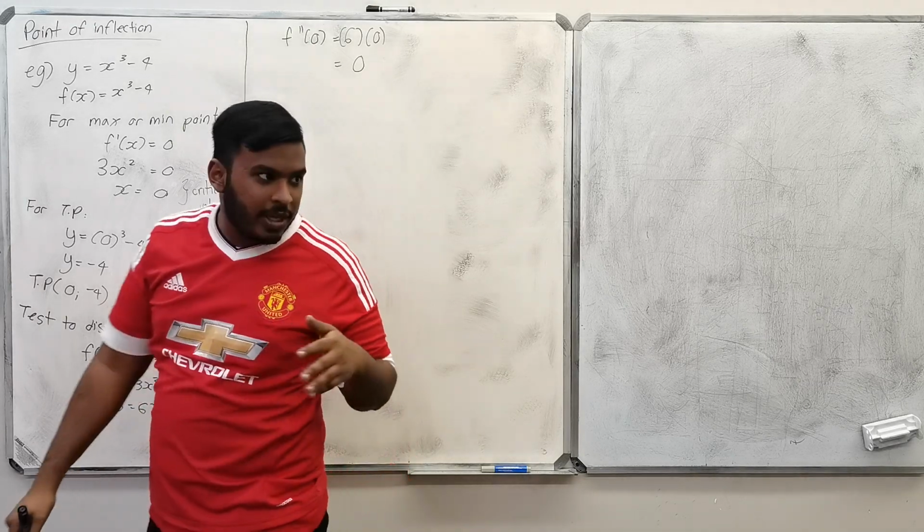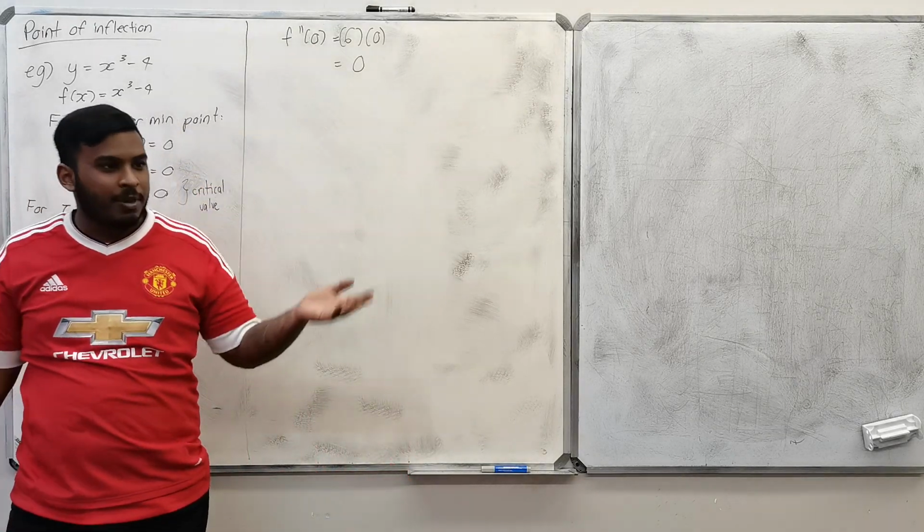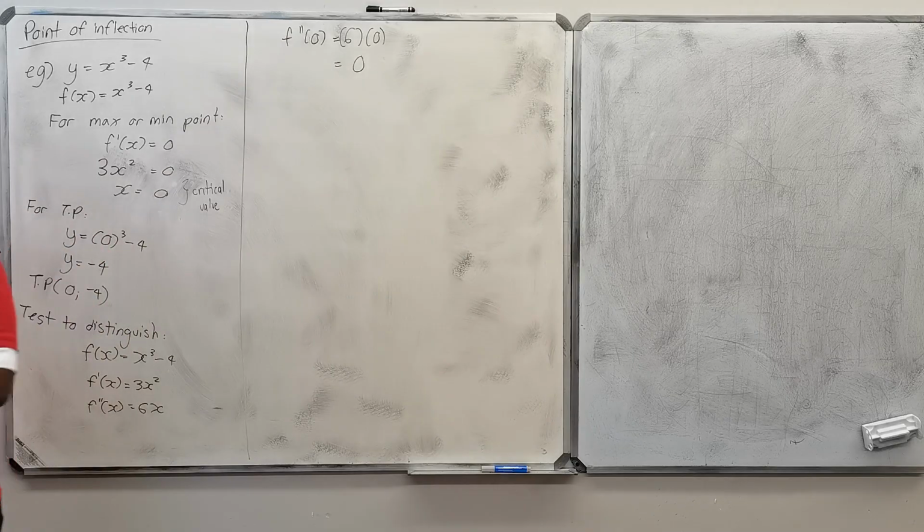And remember, the rule is that if your f double prime x, or your second derivative, is less than 0, you have a maximum point. If it's greater than 0, you have a minimum point. This is equal to 0. So what's that now? Point of inflection. That is your point of inflection.